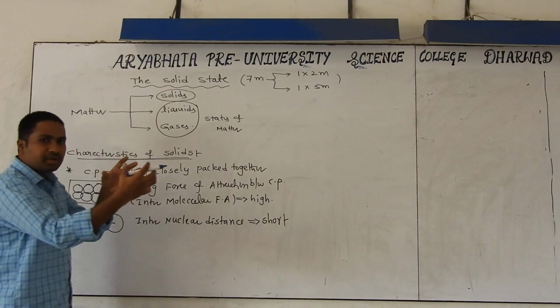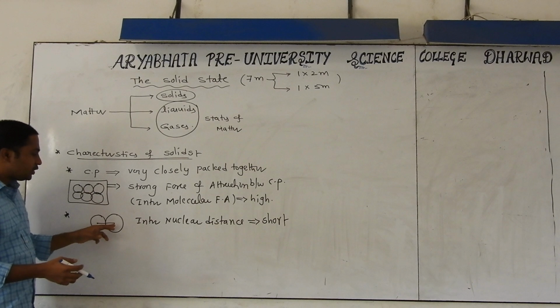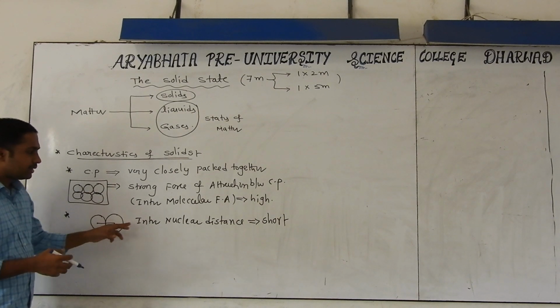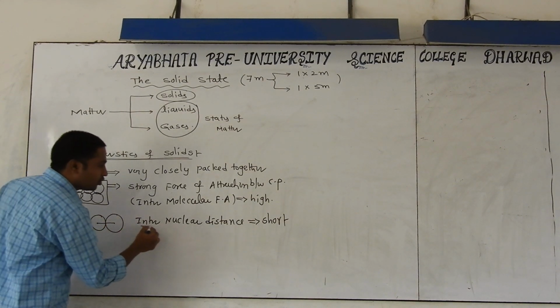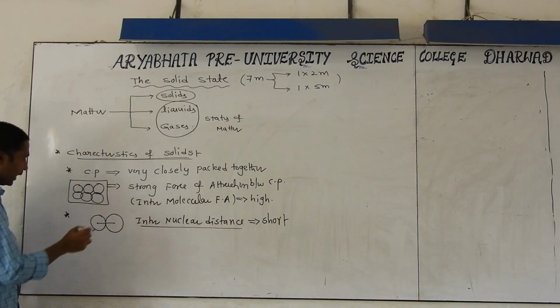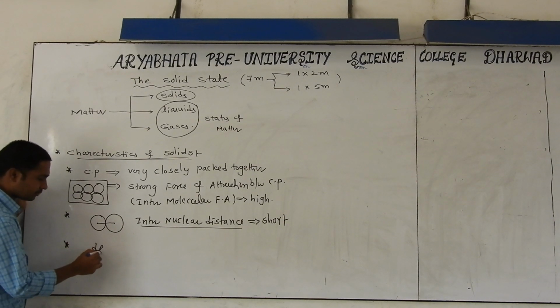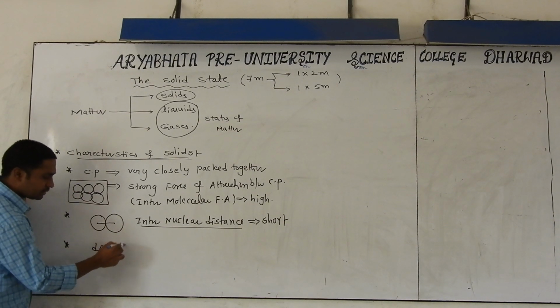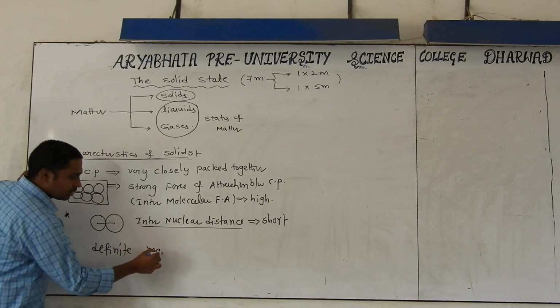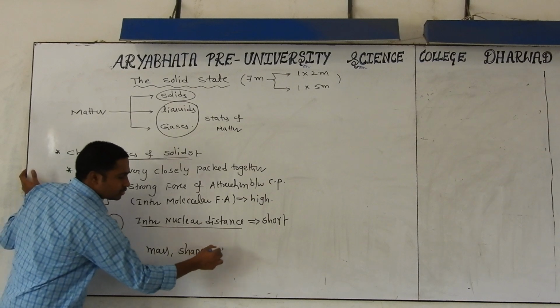Why? Because the constituent particles are very closely packed together, so the distance between the nuclei should be very small. And these solids have definite mass, shape and volume.